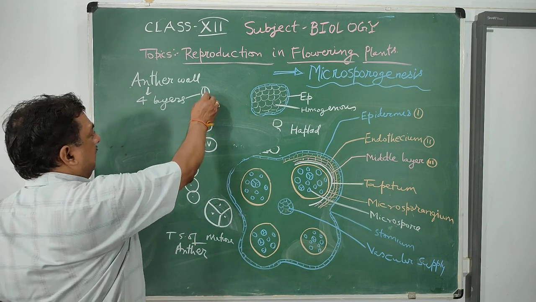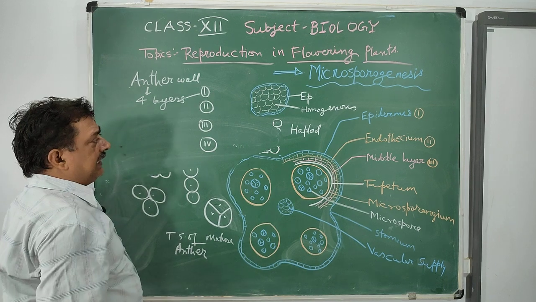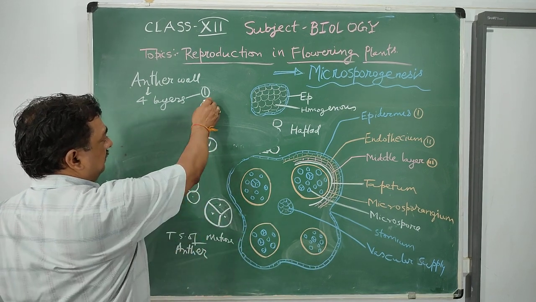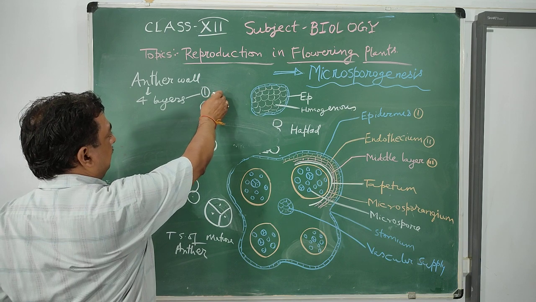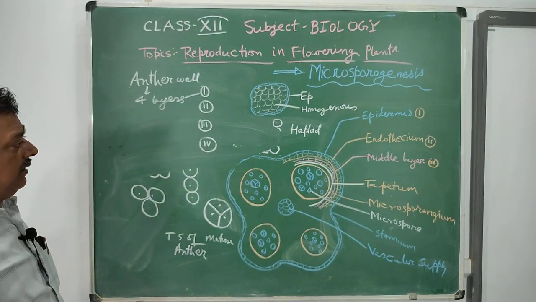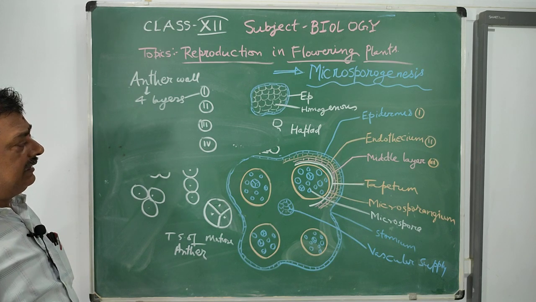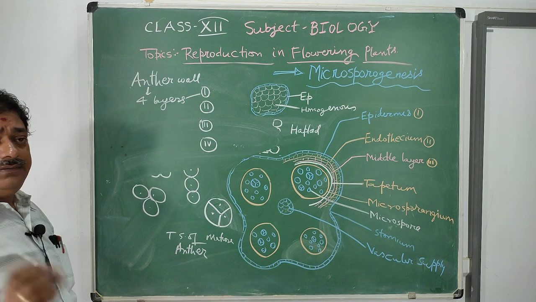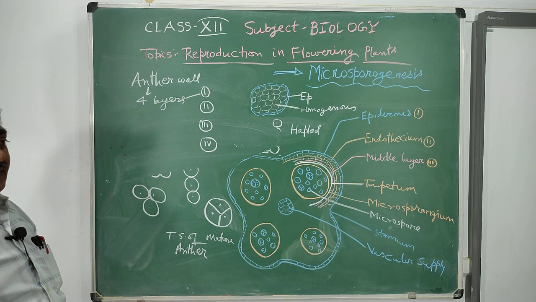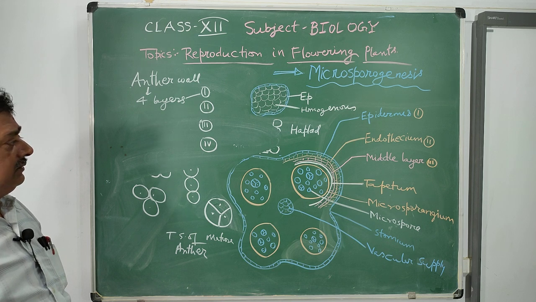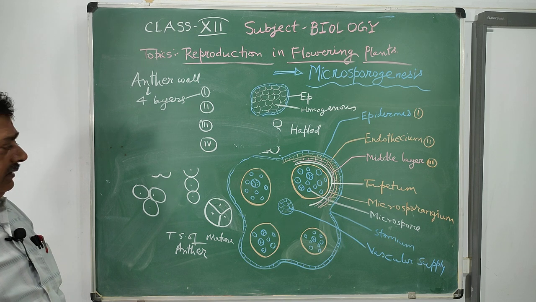Epidermis is the outermost layer, single layered, and the cells are barrel shaped, which help in protection. Endothecium is the next layer to epidermis. It is also single layered, but cells are fibrous, radially arranged and hygroscopic in nature, so they mainly help in dehiscence.